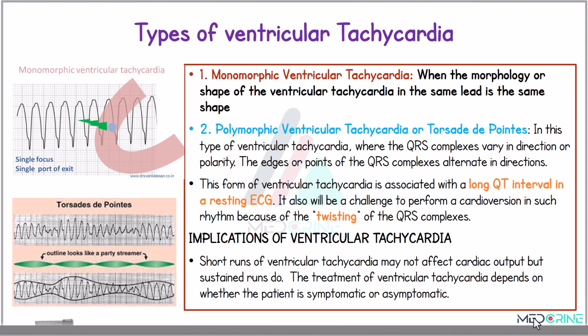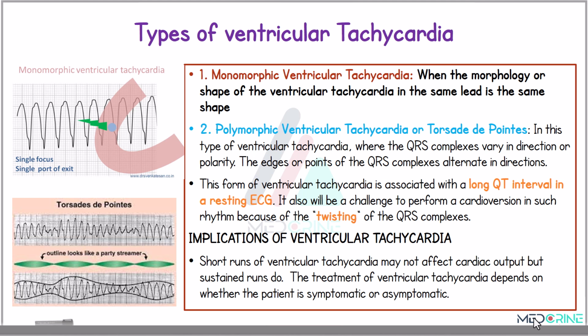In polymorphic ventricular tachycardias, the QRS complexes vary in direction and in polarity. Look at the image on the left column, where we have 2 ECGs, one for a monomorphic ventricular tachycardia, and below it we have a Torsades de Pointes or a polymorphic ventricular tachycardia.